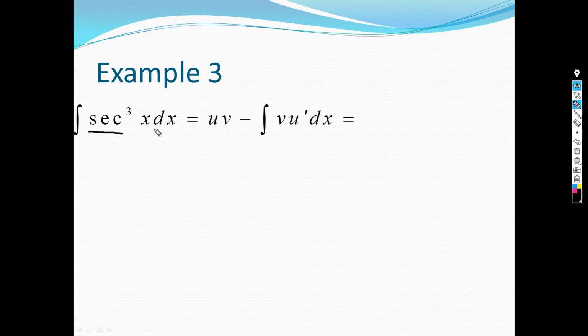So the choices here then would be to let u equal to secant x and let v prime equal to secant squared x.